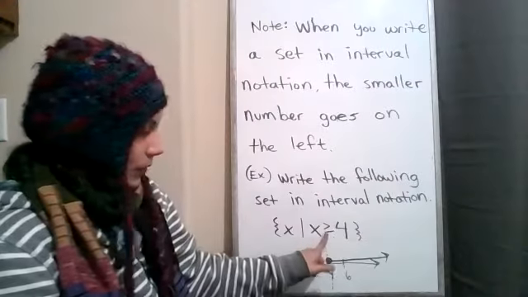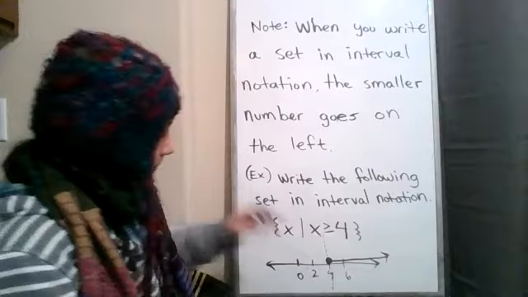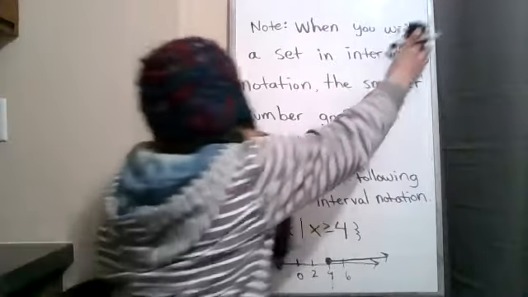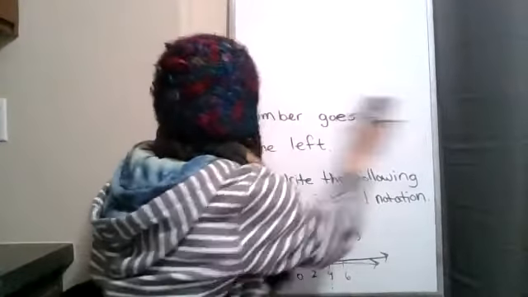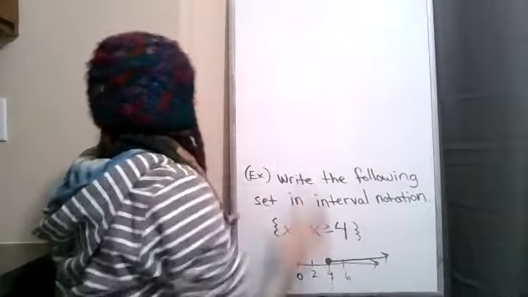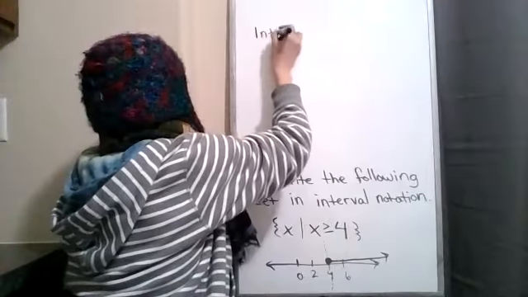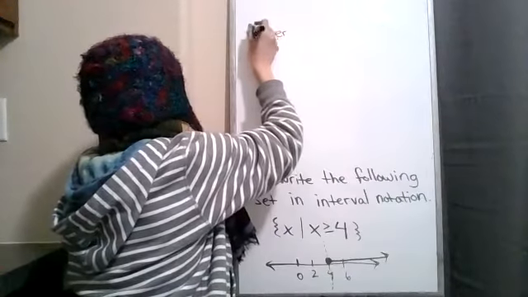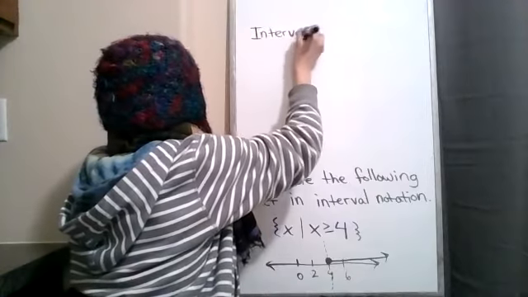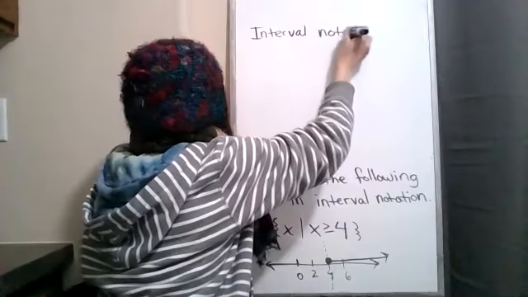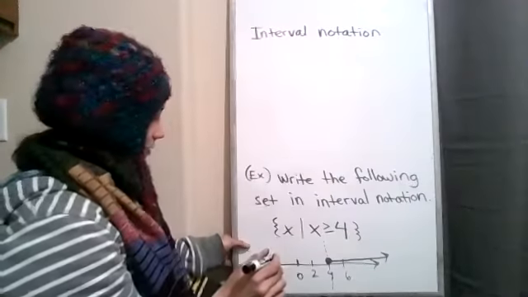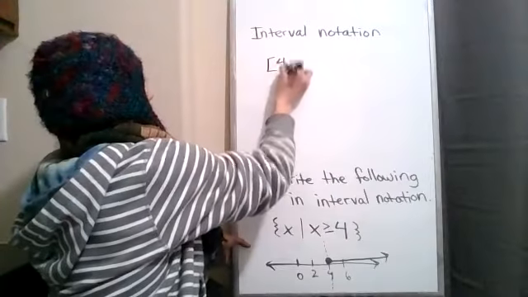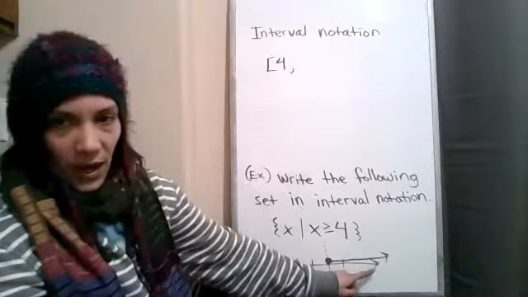Okay, so you include 4 with a square bracket, and you do the interval notation. 4 is included, and then you're going over to positive infinity.